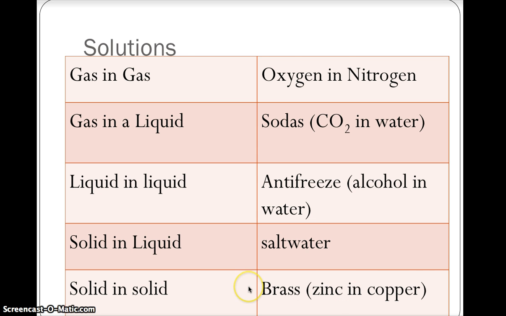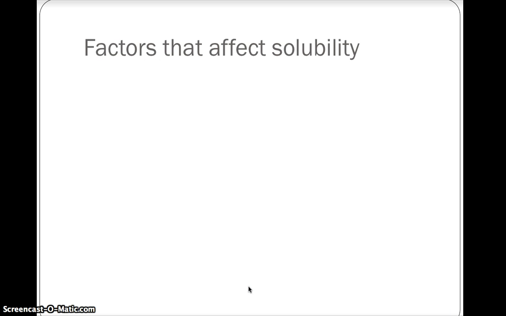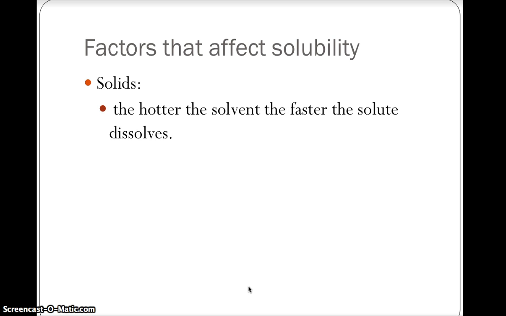Okay, let's move on. Things that affect solubility. So we're still talking about solutions. If we're talking about things that dissolve, these are things that affect how something dissolves. When a solid is dissolving, the hotter the solvent that the solid solute is going into, the quicker it'll dissolve. If you mix it while you're doing it, now this makes sense.